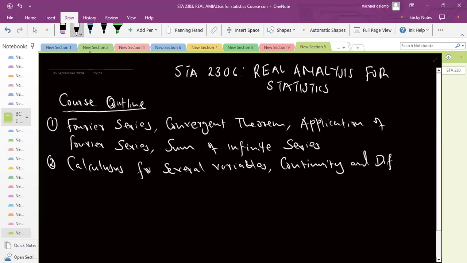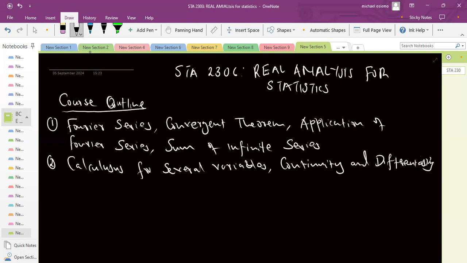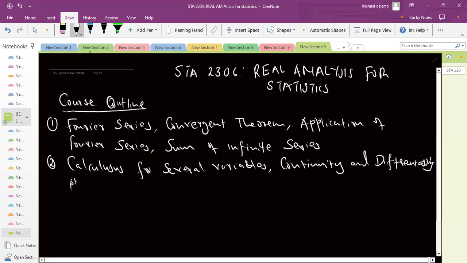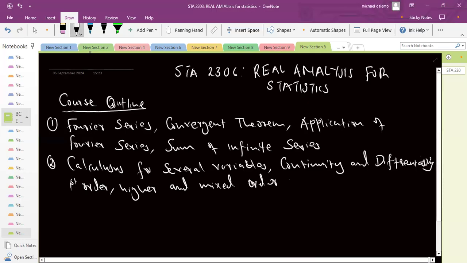So we're going to have the first order, higher and mixed order partial derivatives.